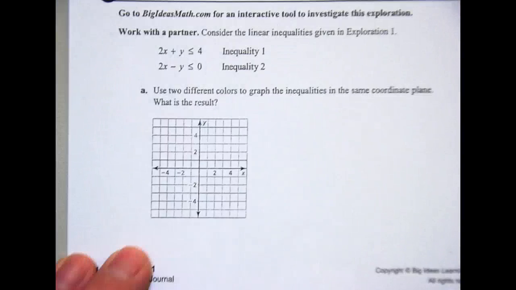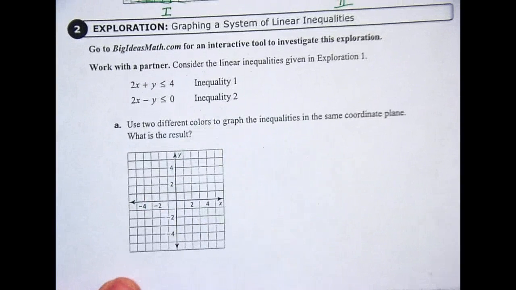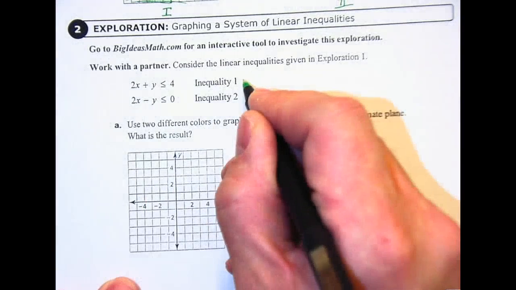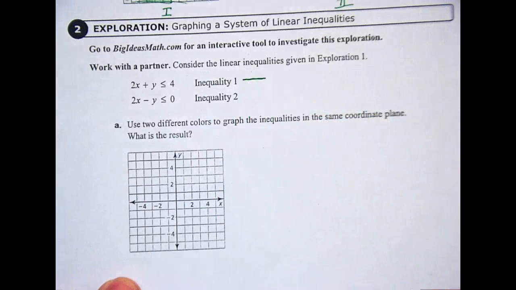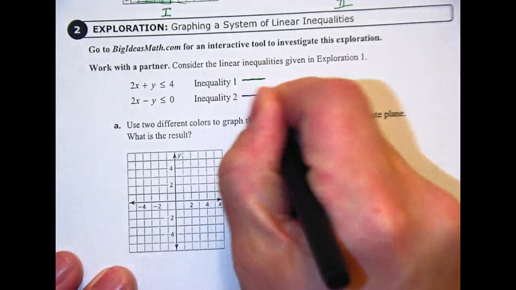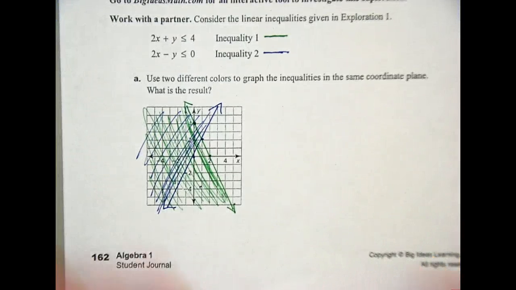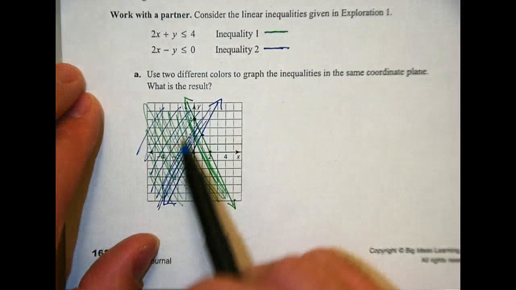Everyone has 2 colors. I want you to graph them down here now using 2 different colors. If you're going to use, say, that color here and this color here, leave yourself a key there so you know which color. Go ahead and put them on the same grid there. When you graph both and use different colors, you get this messy shaded region.